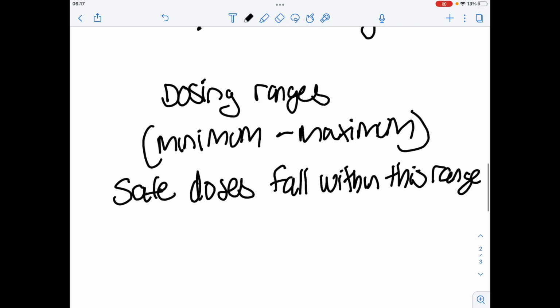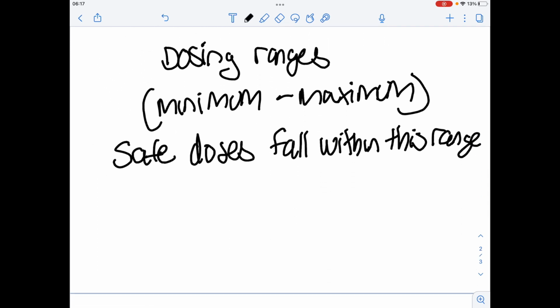Sometimes dosing will be given through dosing ranges. This is usually for narrow therapeutic range medications. So certain medications have small ranges where there's a certain amount that must be given to produce any kind of desired effect from the medication.